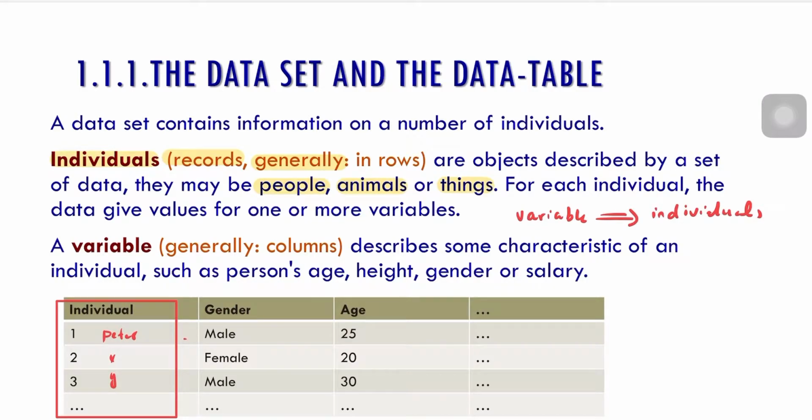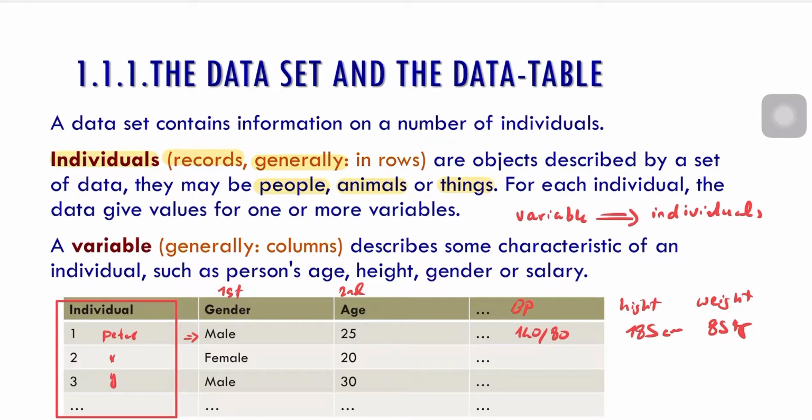For example, Peter can be male, the first variable. And the second variable, you see, is age, which is 25. For example, blood pressure is 140 over 80. Height is 185 centimeters. Weight is, for example, 85 kilograms.